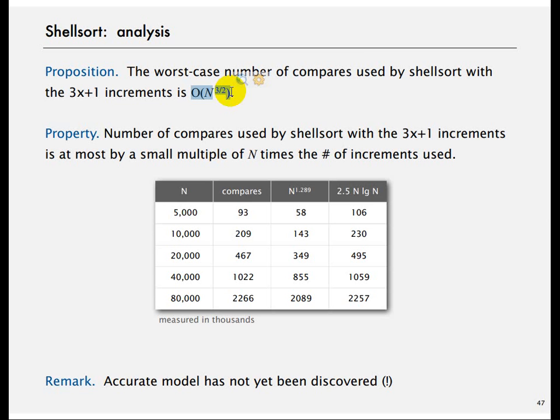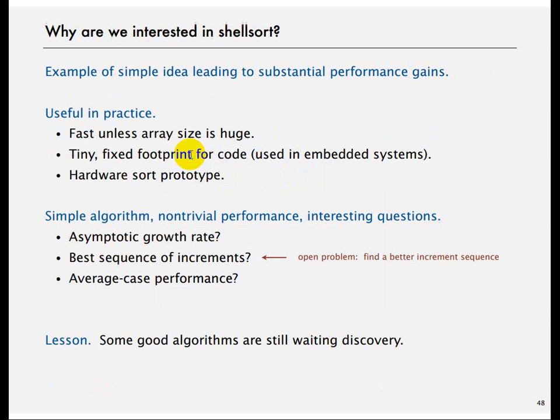And the number of compares used by ShellSort with 3x plus 1 increments is at most a small multiple of n times the number of increments used. I think these are key analysis. I think I should do some more justice to ShellSort. Let me read that a little bit and maybe add that as an addendum to this lecture later.